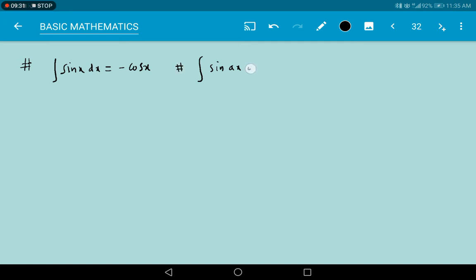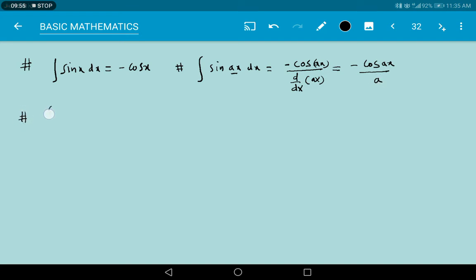How to find it? That means minus cos ax by d by dx of this function, so minus cos ax by a.